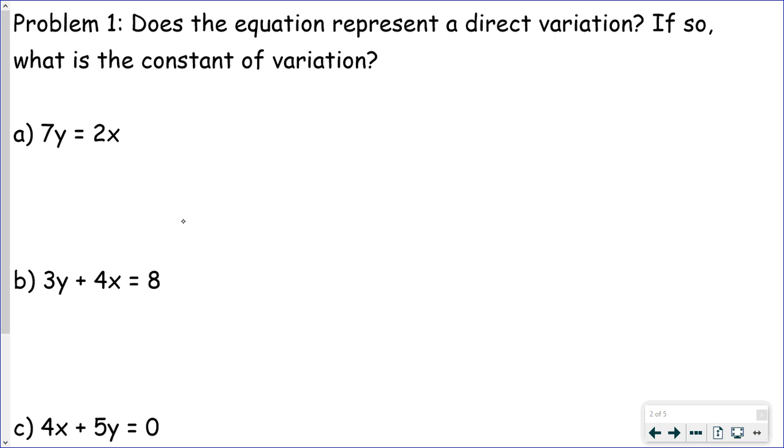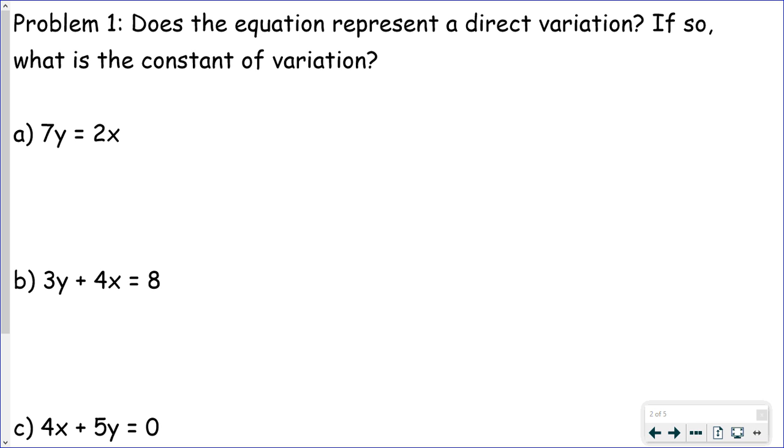All right, the first part is identifying an equation that's written in the form of a direct variation. The question is, does the equation represent a direct variation? And if so, what is the constant of variation? What you want to do is solve these for y, so you get y by itself, to get it in the form of a direct variation.